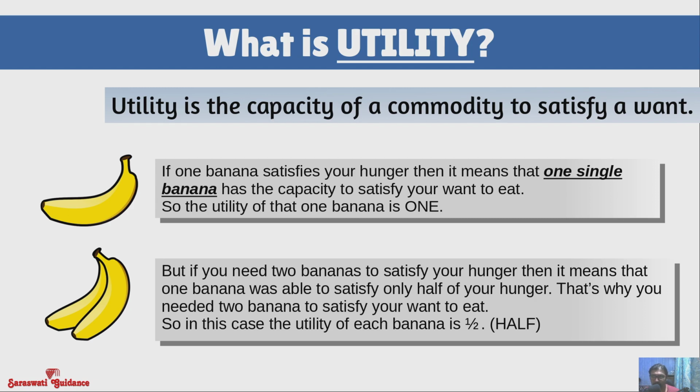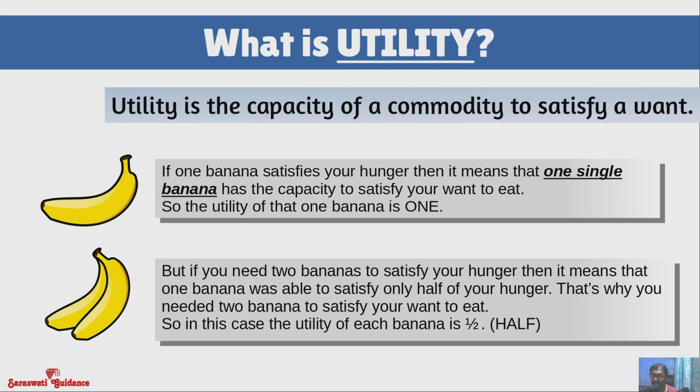First one is a single banana. If one banana satisfies your hunger, then that one single banana has the capacity to satisfy your want to eat. So the utility of that one banana is, of course, 1.